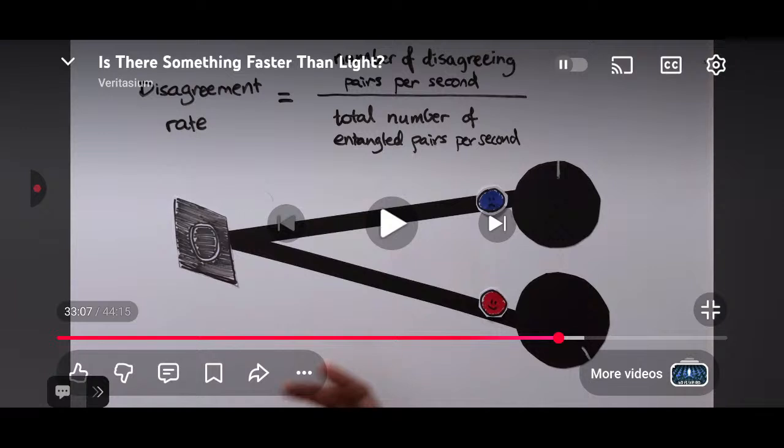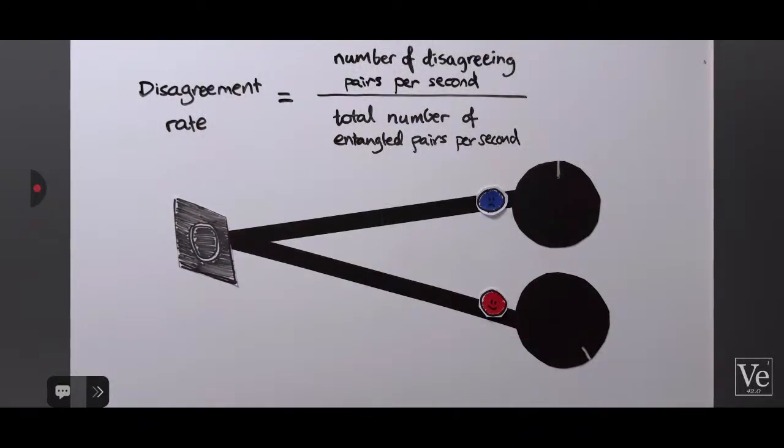So for this reference to light, it's not exactly analogous to the thing with electrons, because they have different properties than what light does. Quantum mechanics predicts that the disagreement rate will only be a quarter, whereas local hidden variables expects this number to be a third.